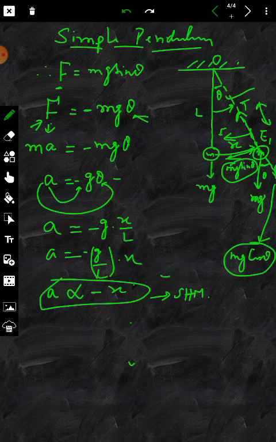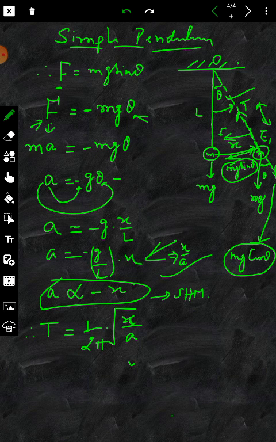If it is a simple harmonic oscillator, its time period can be calculated by the same formula, T is equal to 2 pi under root of x upon a. From this very equation, considering the magnitude, x upon a comes out to be L upon g.